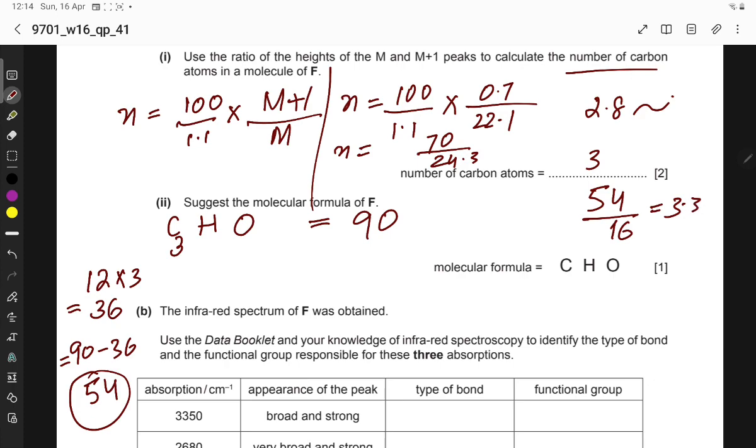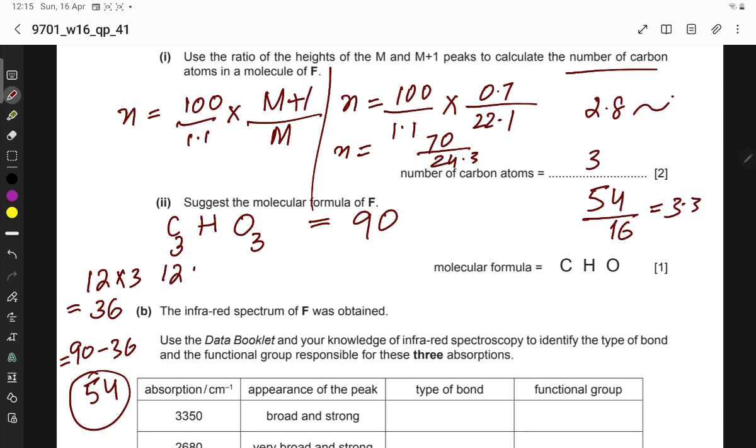So we can think that the number of oxygen atoms will be 3. So if the number of oxygen atoms is 3, then afterwards we can find out the number of hydrogen atoms.